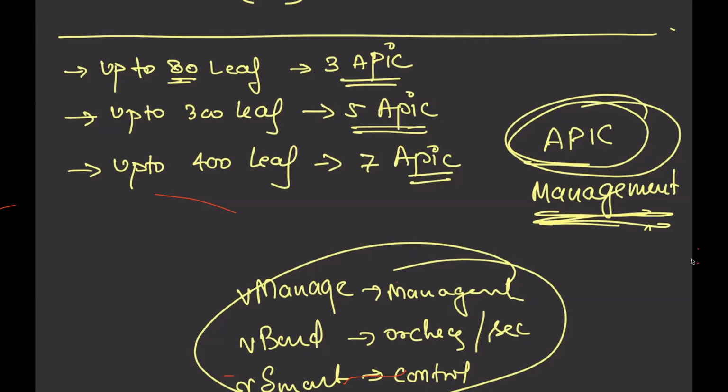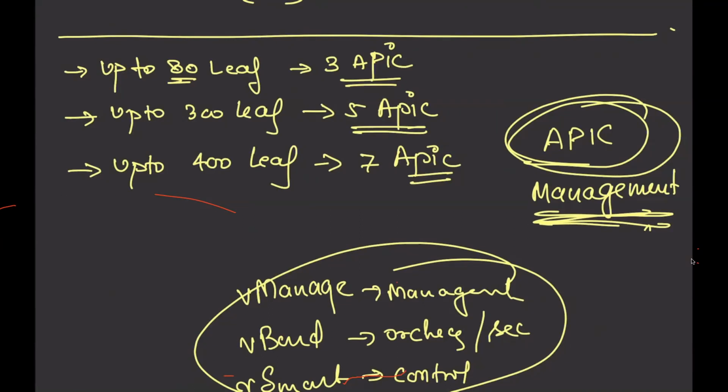This has to be used with the topology itself, like how many leaves your 3 APICs are going to support. Forget about L3 ports as of now, that is different from these. Yeah, that was my confusion. It's not related to the ports. It is related to the number of leaves, so these are related to your devices, your switches. Okay, got your point. Thanks.